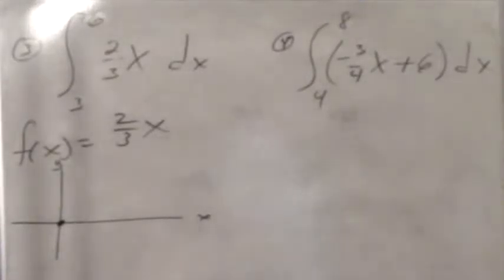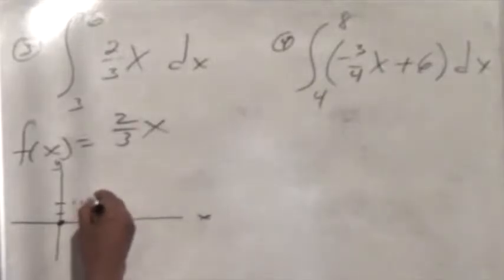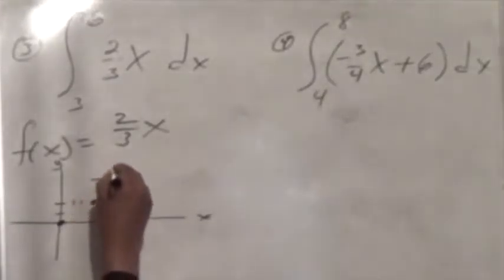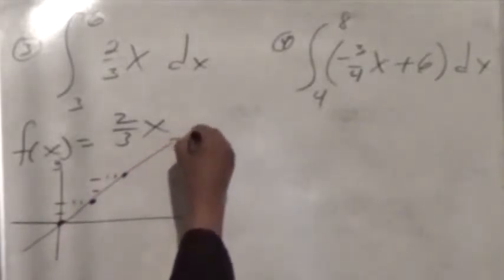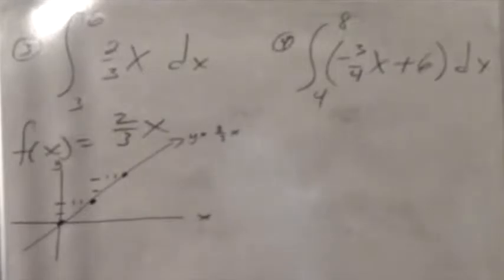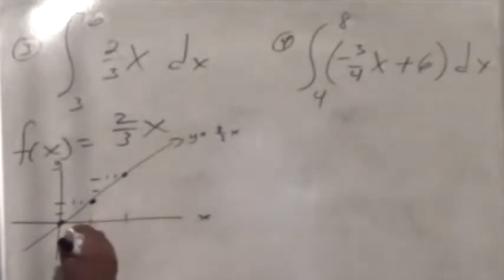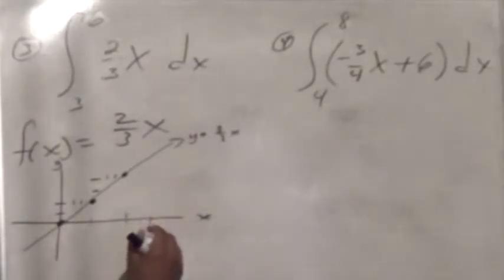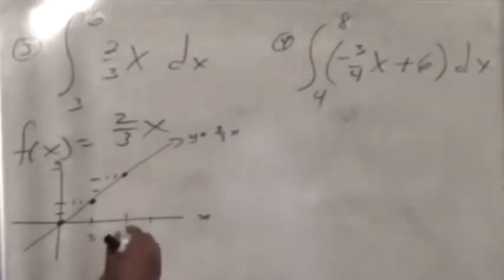So we're going to rise 2 and run 3. Now I want to go to x is 3, and where x is 6.